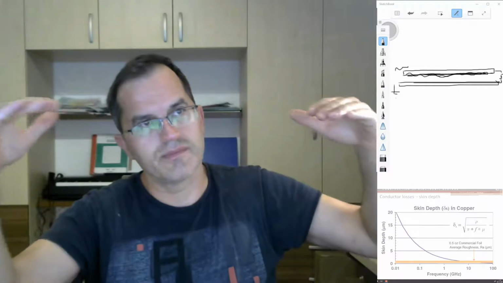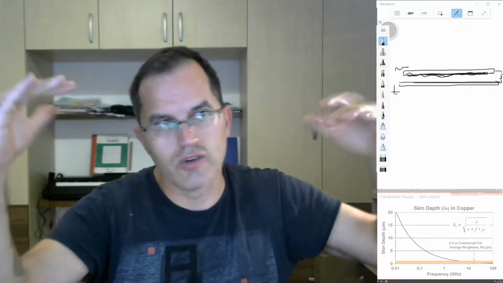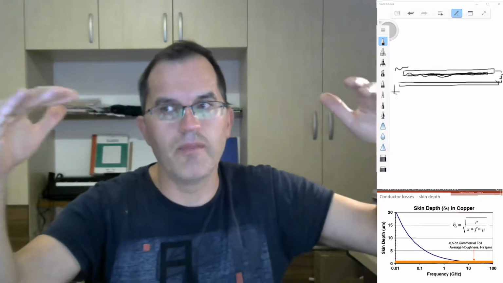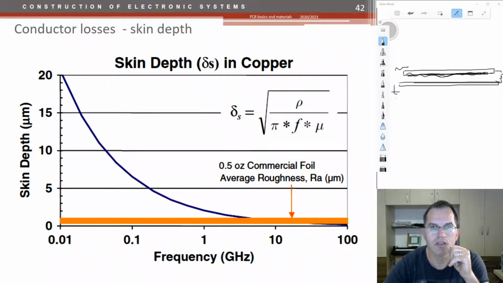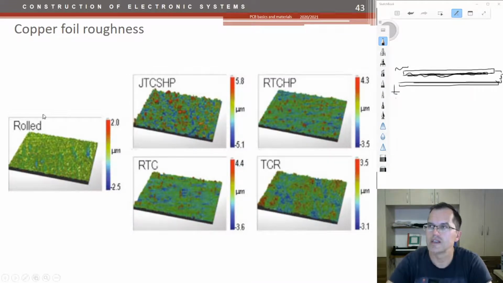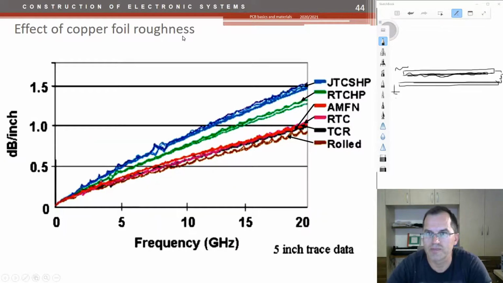And if you take a normal PCB, the length of the signal path could be as much as 3 times longer than the physical distance between 2 points. So the copper roughness can be really different, depending on the type of the PCB, and the effect could be quite large.